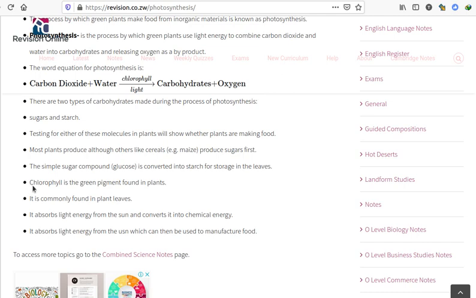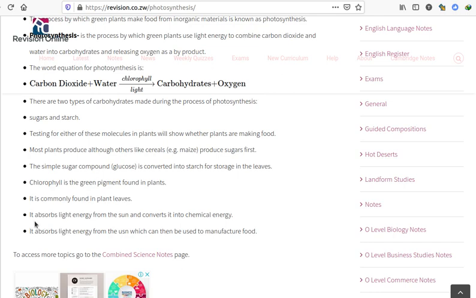And at this point, I'm just explaining what we have just mentioned, that chlorophyll is the green pigment found in plants, right? And it is commonly found in plant leaves, right? I know there are other plants that have stems that are green, but here we're mentioning that chlorophyll is usually found in plant leaves.